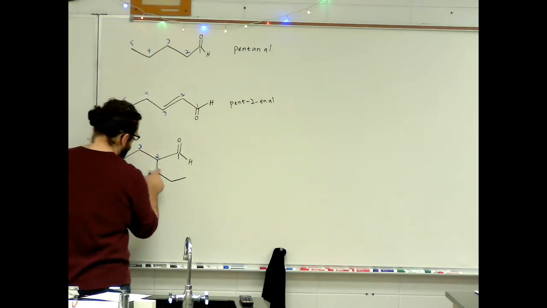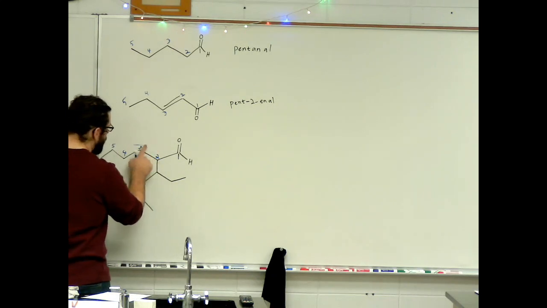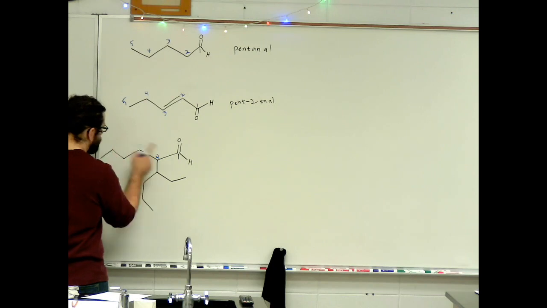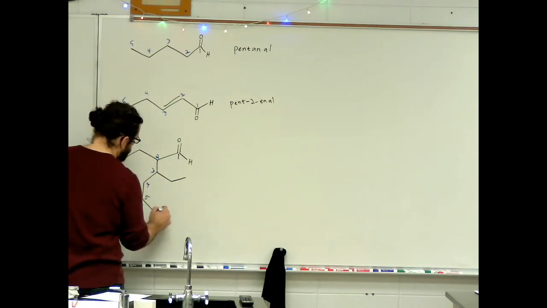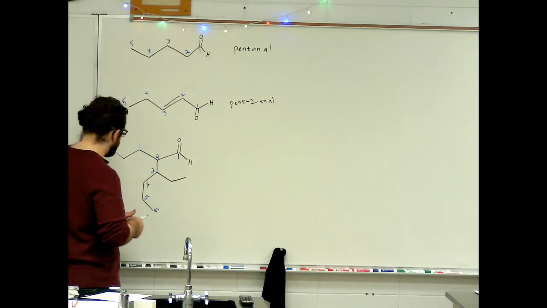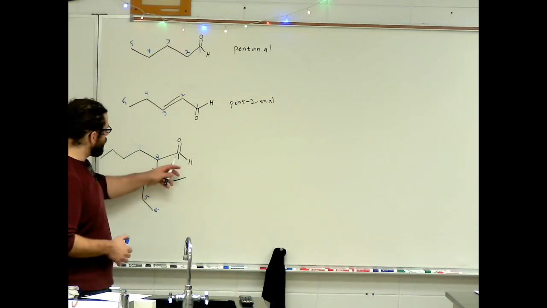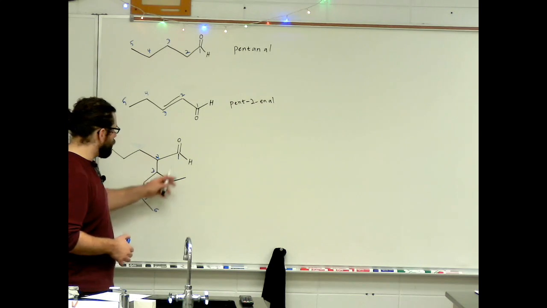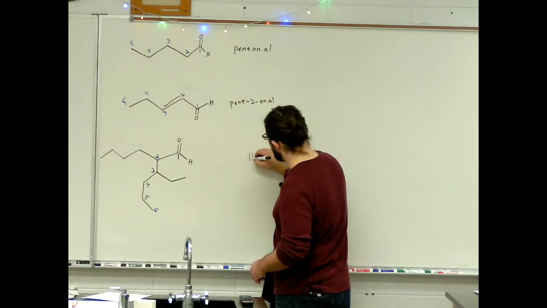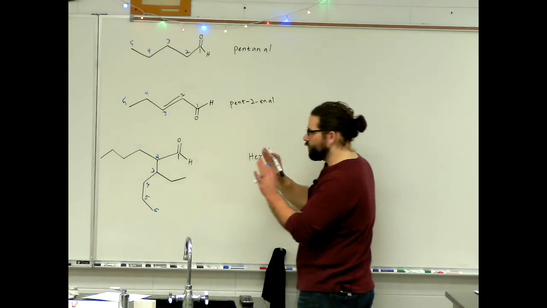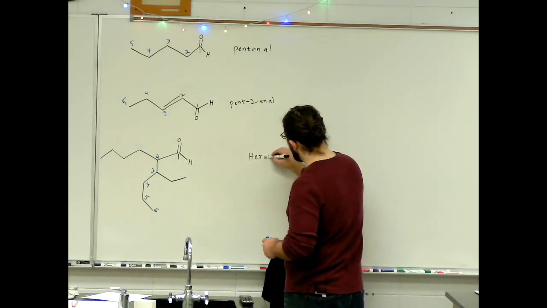Oh, actually, this one should be, because it has another side chain. So it has another constituent on it. So this should be 3, 4, 5, 6. So here we've got a 6 carbon chain with the aldehyde in it. That means this is going to be hex, no double bonds, and al.